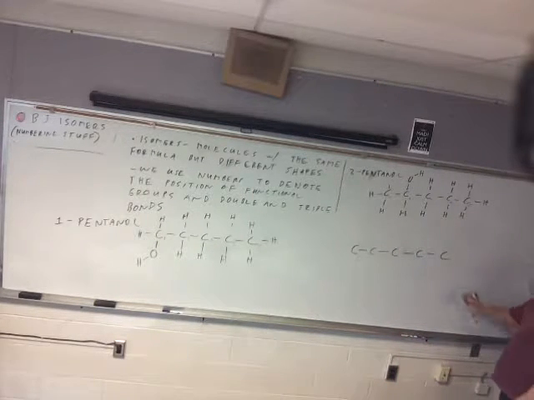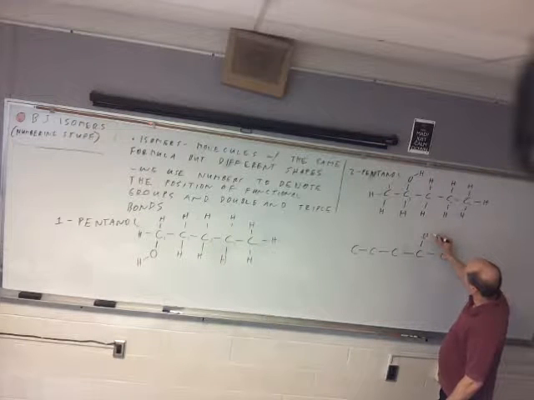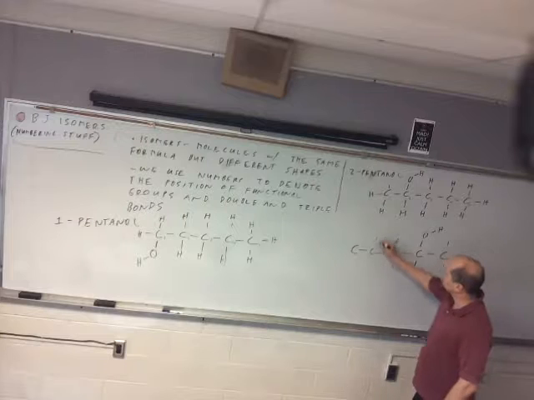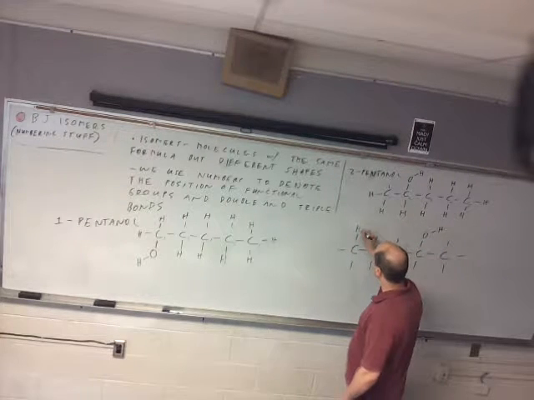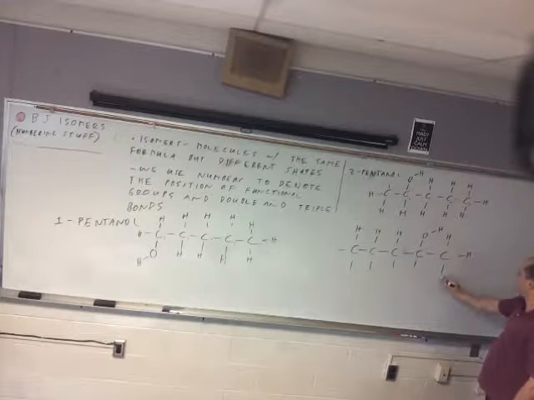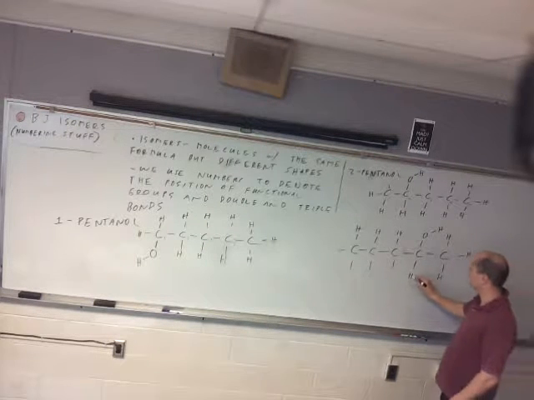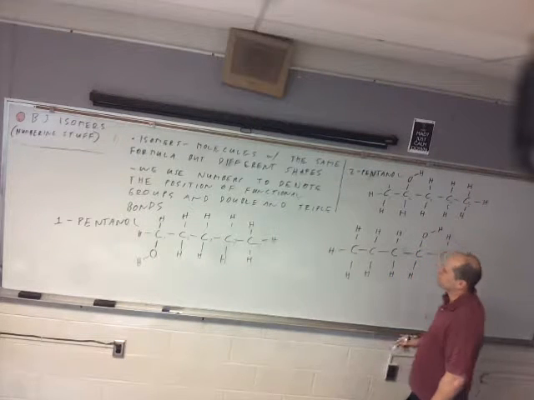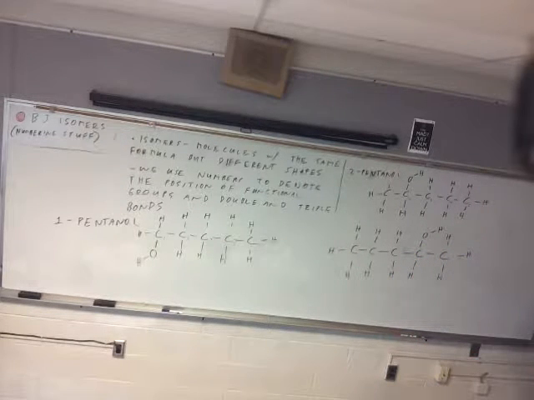Okay, so there's my 5 carbons, and I'm going to put an oxygen here, and then finish drawing this. So the rule for naming these things is you always start numbering the carbons from the side closer to where the functional group is. So what is this going to be called?